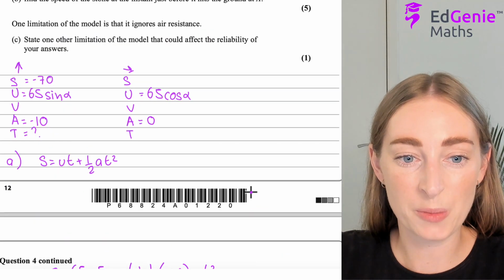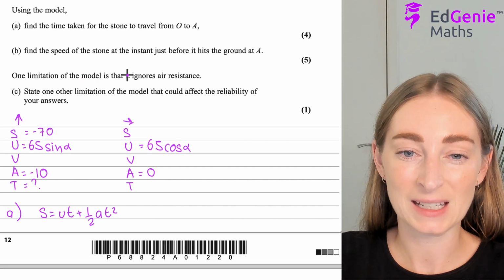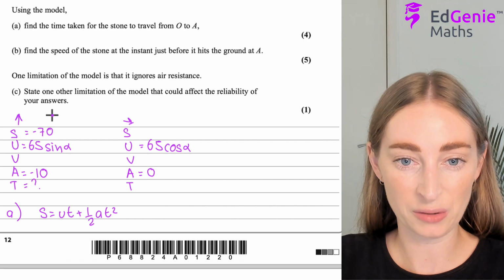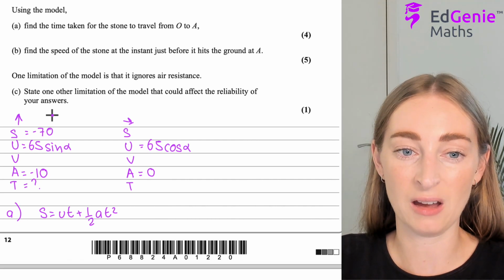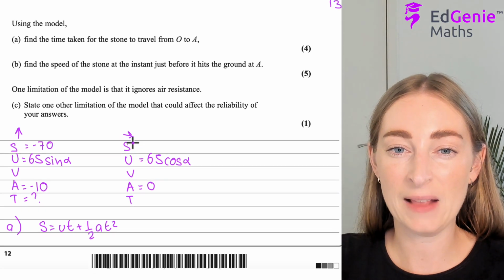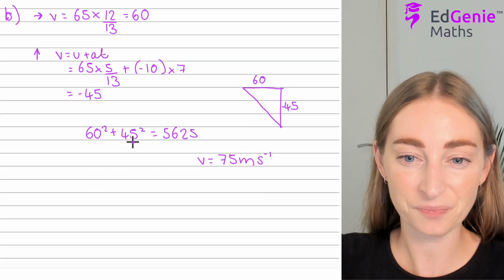We just have one more part to do. One limitation of the model is that it ignores air resistance. State one other limitation of the model that could affect the reliability of your answer. So we could say the fact that we use 10 as gravity. Should we do that one?